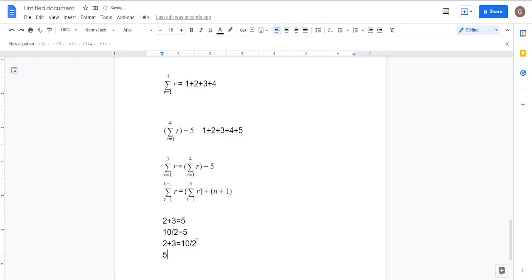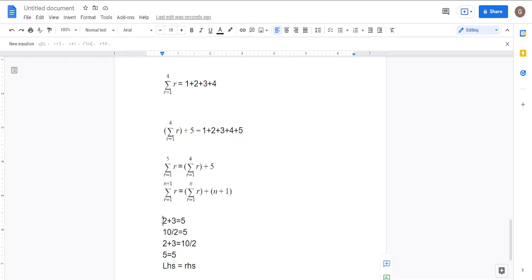On the left-hand side, 2 plus 3 is 5, and on the right-hand side, 10 divided by 2 is 5. That's what LHS and RHS stand for, left-hand side and right-hand side. If both sides of the equal sign are equal, that means they're equal.